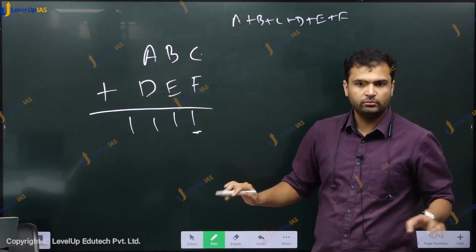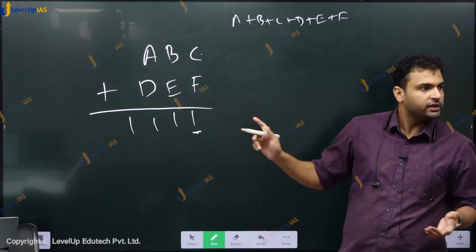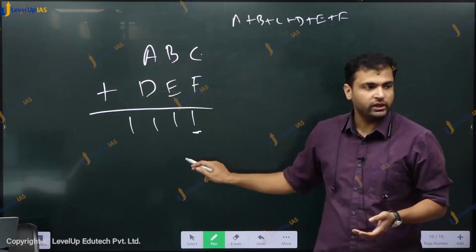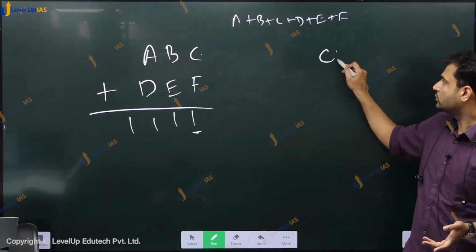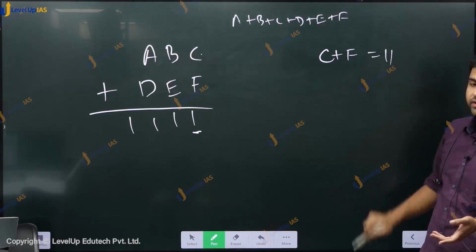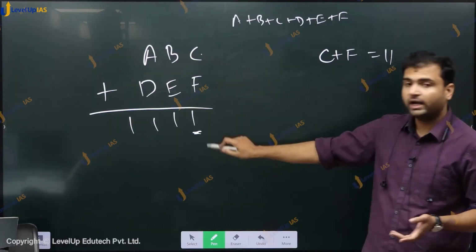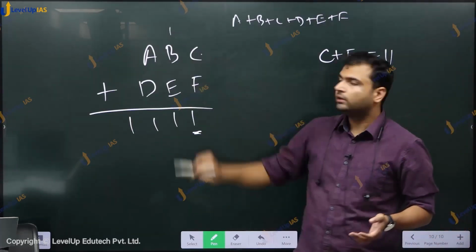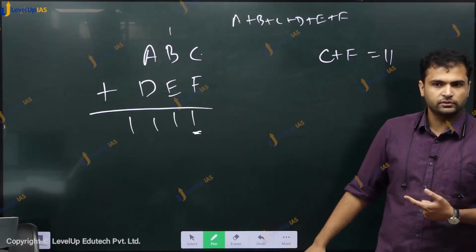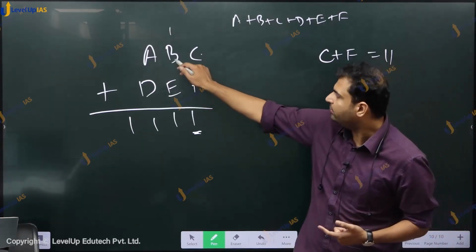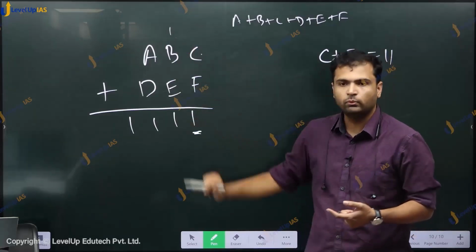But 0 is not allowed because these digits are non-zero. It is given. So C plus F would be 11. It has to be. There is no other option. So C plus F is equal to 11. Its 1 will come here and 1 would be carried forward. We are just applying our addition rules. Then what we have, B plus E plus 1 is again 1.